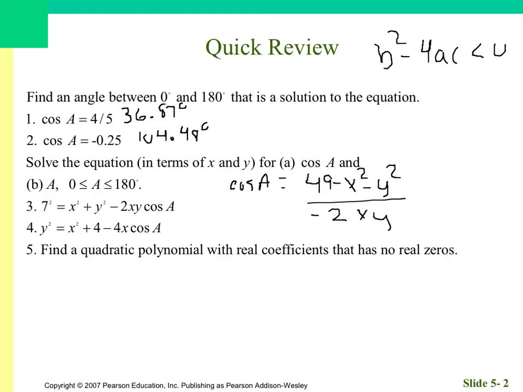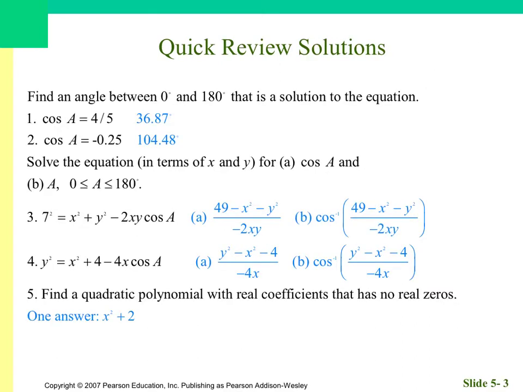So I'm going to say 10x squared minus x plus 10. There's many of them though. x squared plus 2 is one. I mean, there's a lot. So there we go.